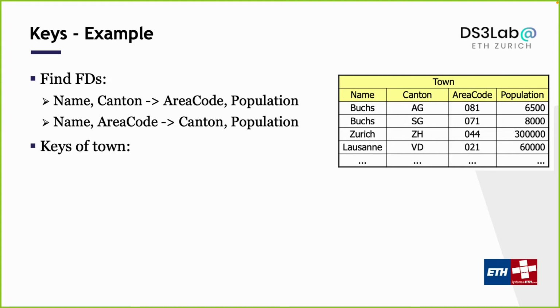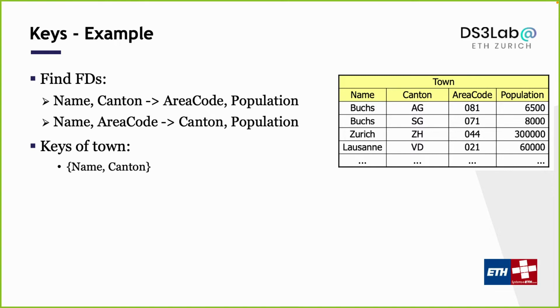So in this case, what could be a candidate key? The first candidate key could be the combination of name and content. Why? Because there's a functional dependency from name and content to area code and population. Essentially, this combination of attributes decides everything else. And it's minimal. Why? Because I cannot remove the content, otherwise the functional dependency doesn't hold anymore. I cannot remove the name either.